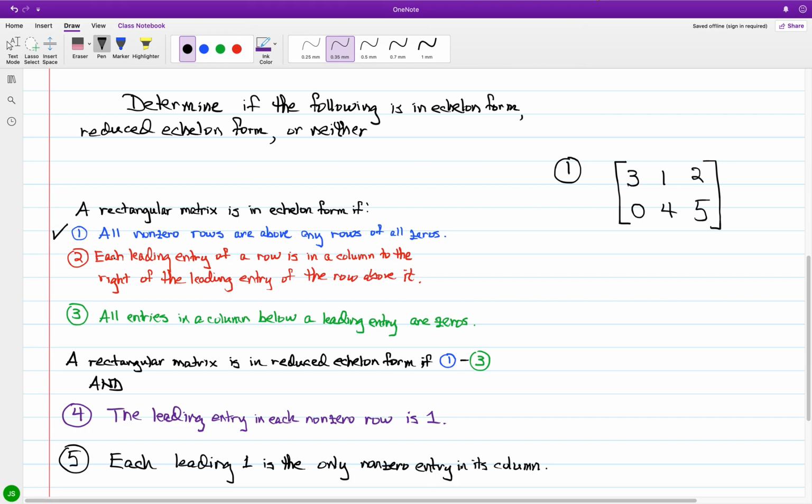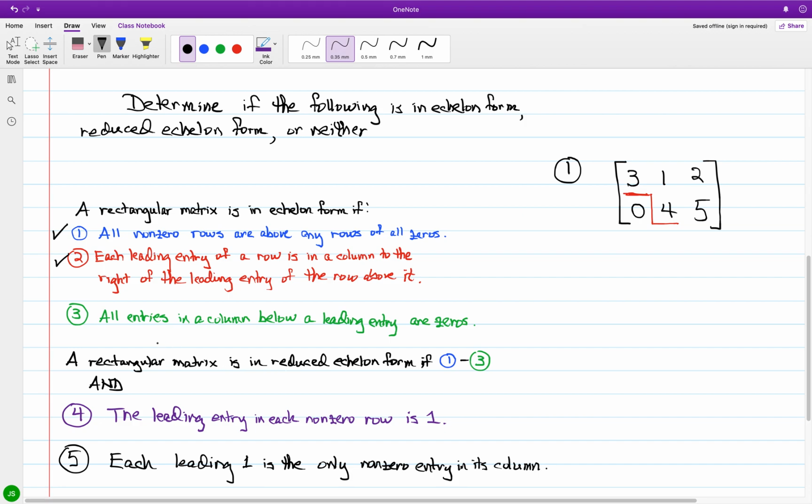Now the second condition: each leading entry of a row is in a column to the right of the leading entry of the row above it. For the first row, the leading entry is 3, and this is above this particular 0. Then with the second row, the leading entry is 4. So at least this part is satisfied.